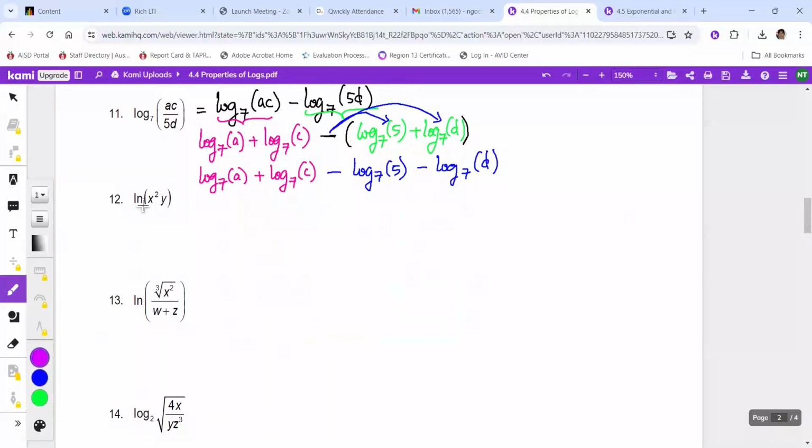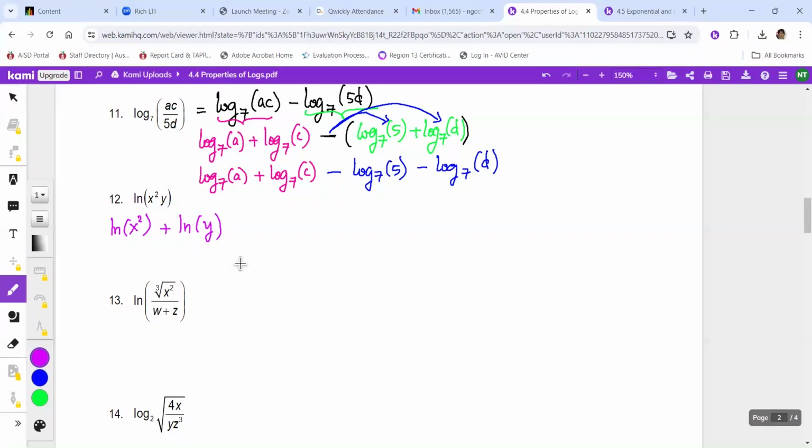Here, this is the natural log. Again, we don't see the base, but the base is e. Okay. So step 1, we go ahead and use the product property. So it'll be natural log of x to the power 2 plus natural log of y.